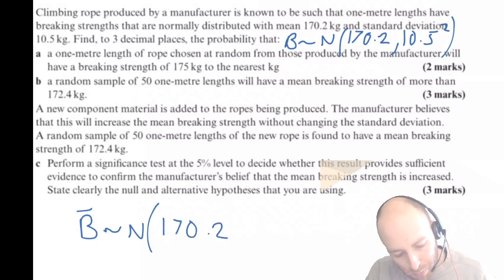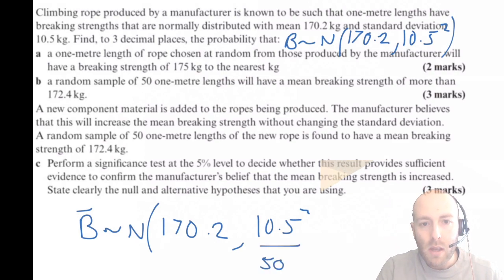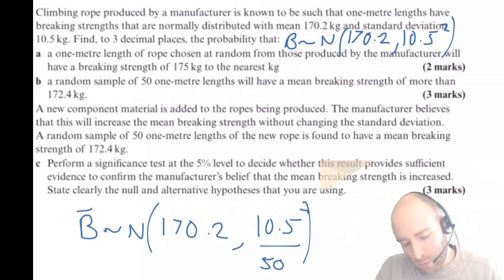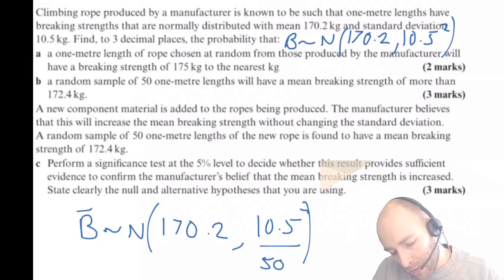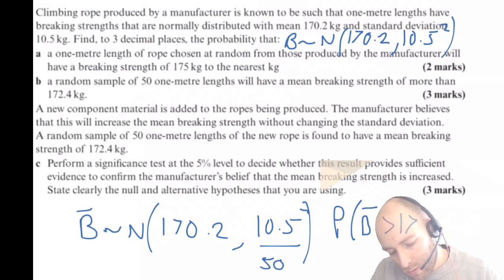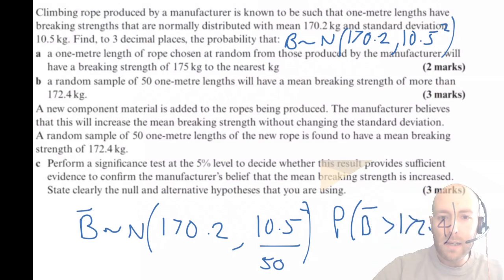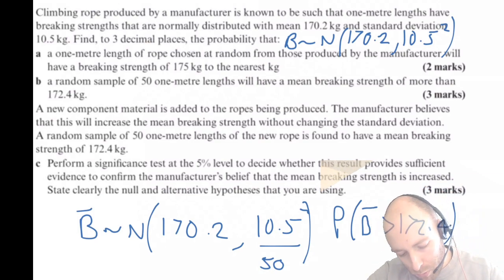We've now got 10.5 squared over our sample 50. But other than that, it's the same thing. We're trying to find the probability that the mean is greater than 172.4. So back to the calculator. Remember to square root your 50.